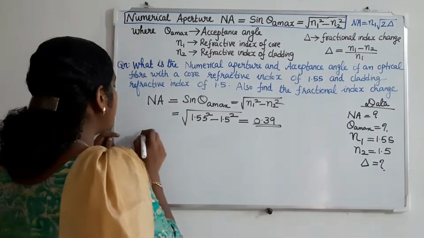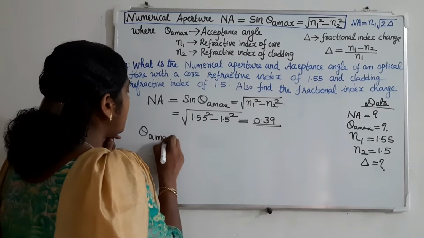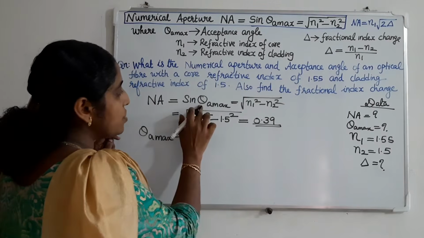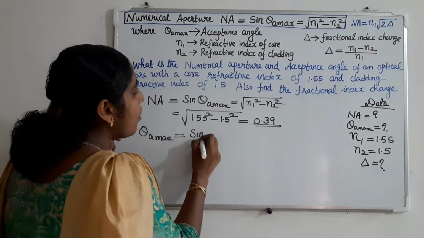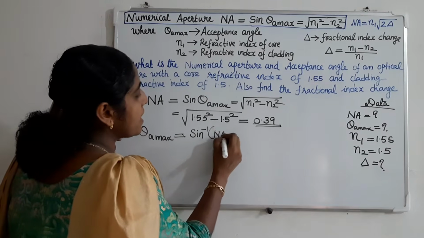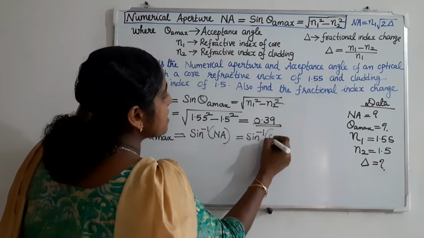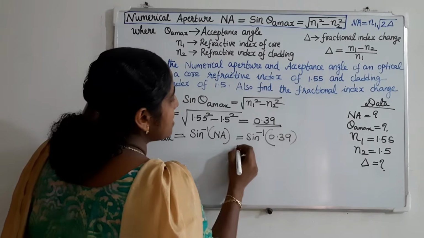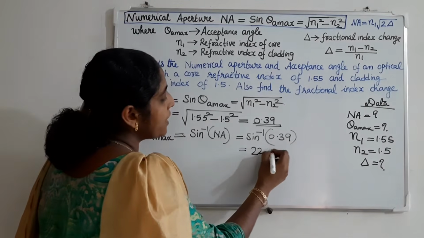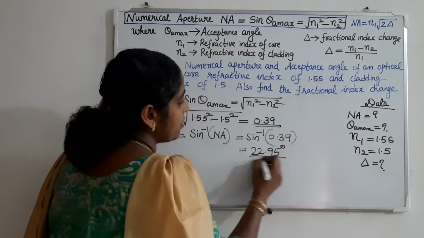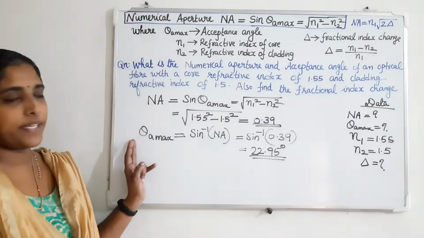That is acceptance angle theta a maximum is equal to sine inverse of numerical aperture. That is sine inverse of 0.39, that is equal to 22.95 degree. So 22.95 degree is the acceptance angle.